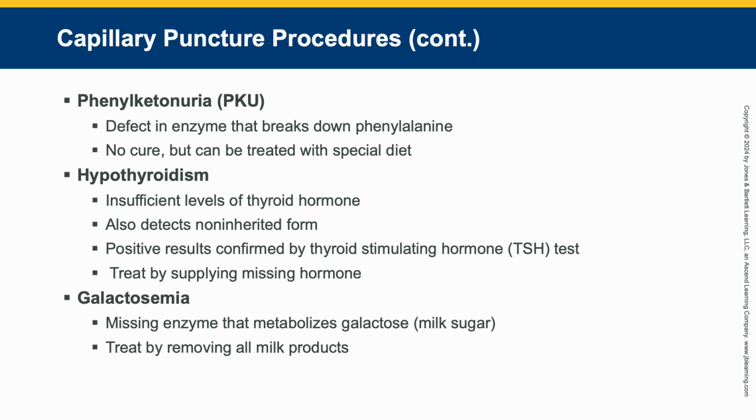Hypothyroidism, remember hypo is low, so this means they have insufficient or low levels of their thyroid hormone. This also detects non-inherited forms. Positive results are confirmed by running a TSH, the thyroid stimulating hormone.